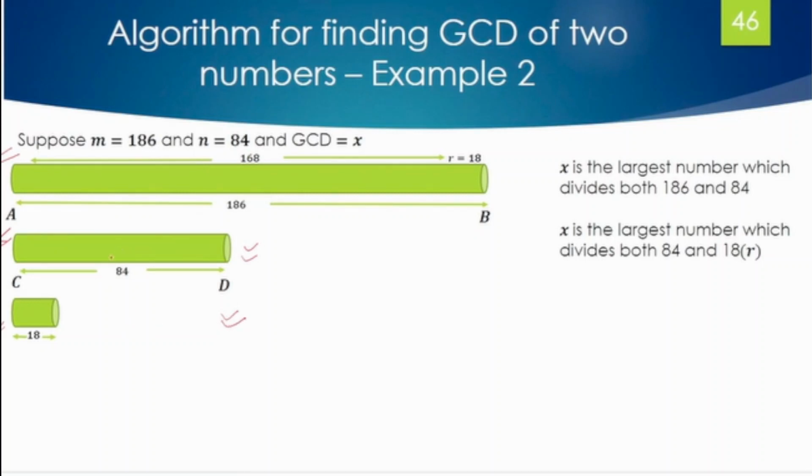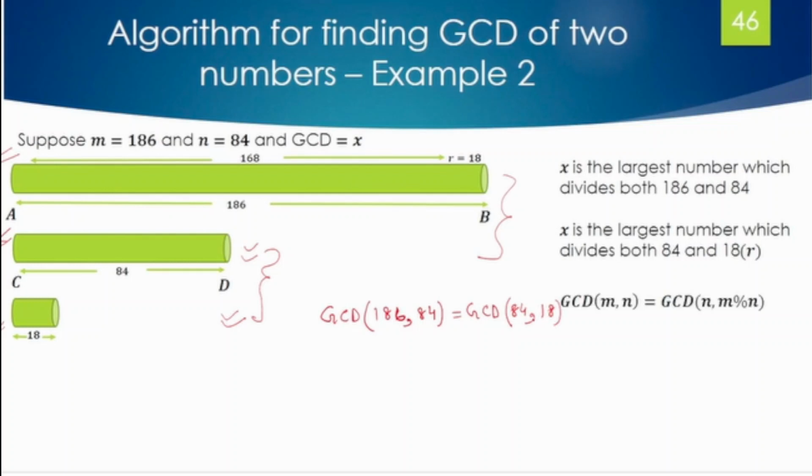Because x divides both of these numbers. So if x is the GCD of these two numbers, then x will be the GCD of these two numbers as well. So what we can conclude here is that GCD of 186, 84 is the same as GCD of 84, 18.